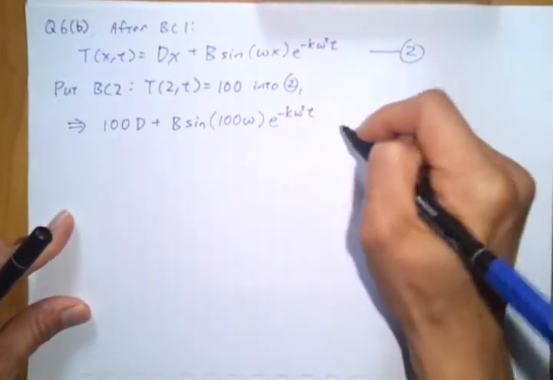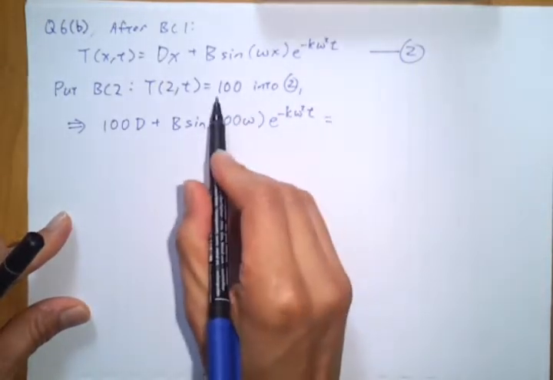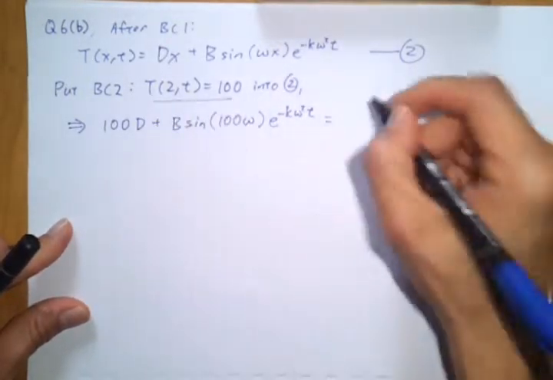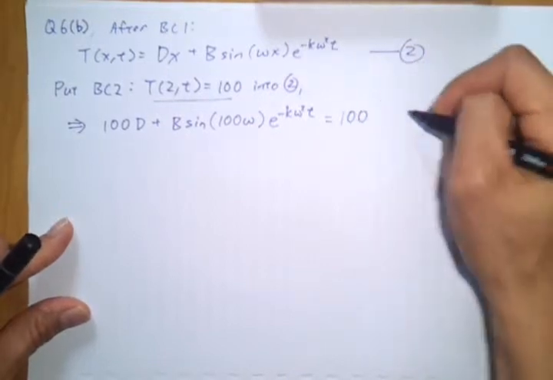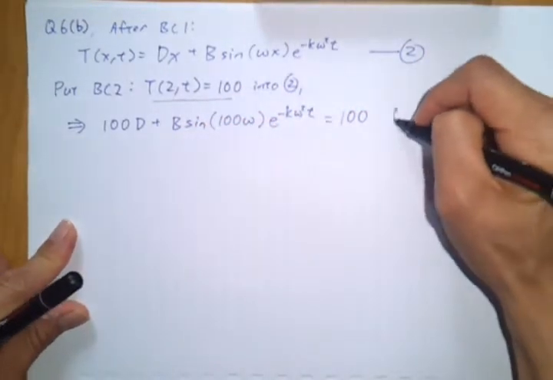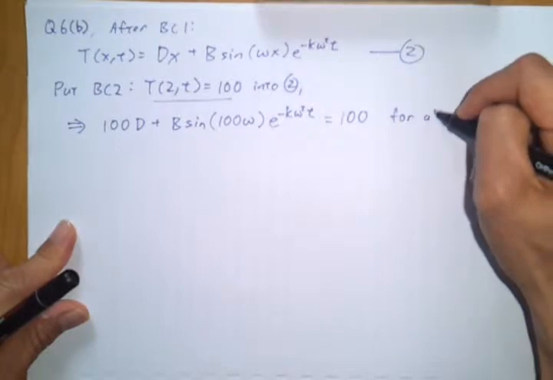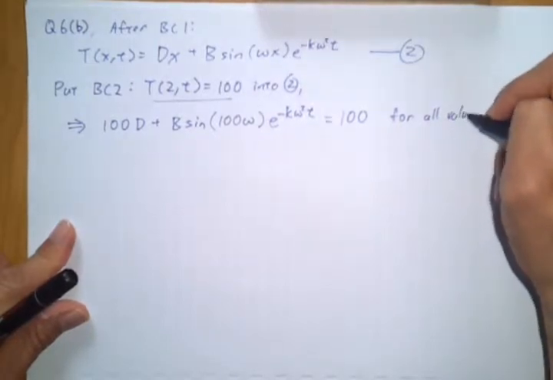Now this must be equal to 100 here. Okay, and this must be equal to 100 for all values of t.